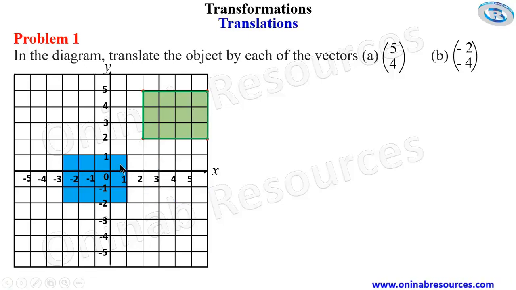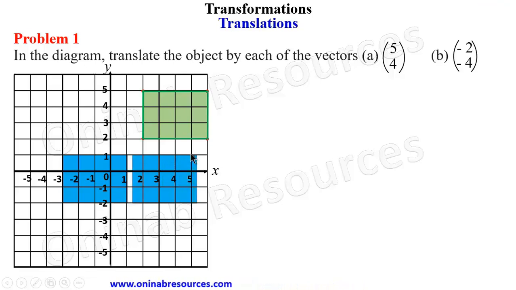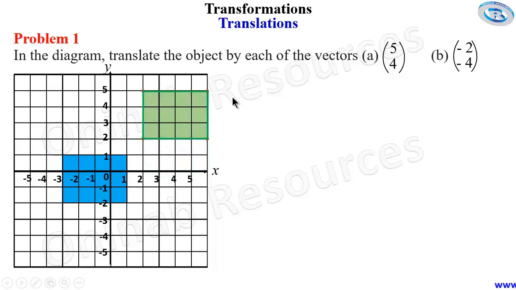From here demonstrated, this image moves 1, 2, 3, 4, 5. Then it moves upward 4 units, 1, 2, 3, 4. So you can see that, and that is for a part of the problem.